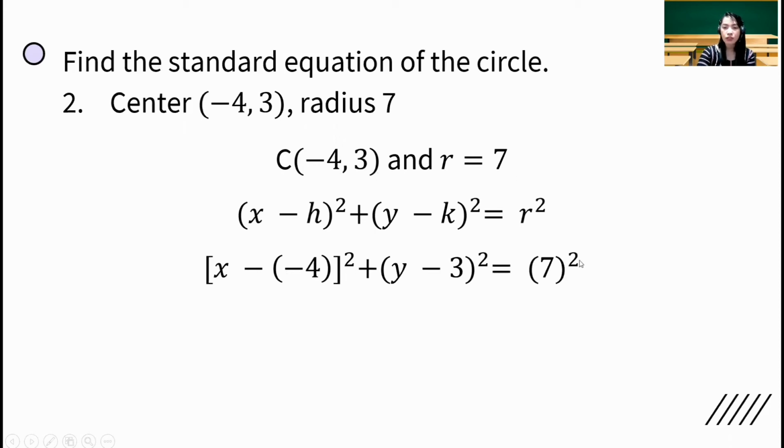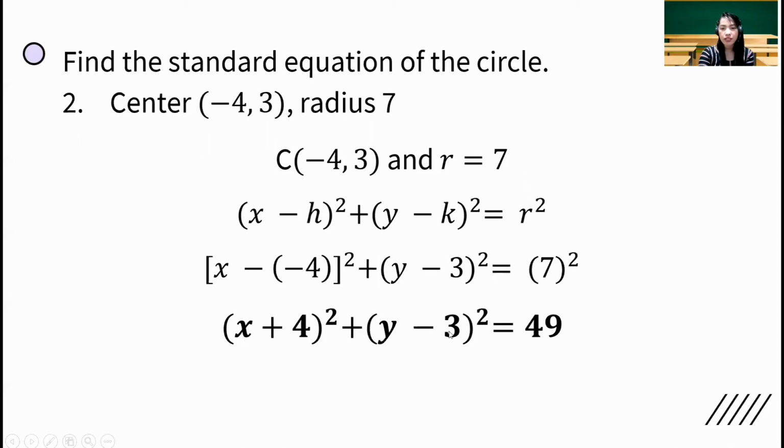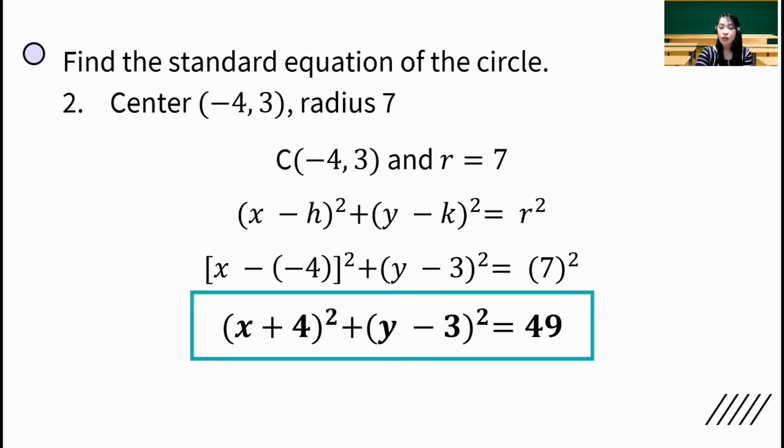So simplify. We have x, negative times negative is positive, 4 squared, plus the quantity y minus 3 squared equals 7 squared, which is 49. Therefore, the standard equation of the circle, given the center at (-4, 3) and radius 7, is x plus 4 squared plus the quantity y minus 3 squared equals 49.